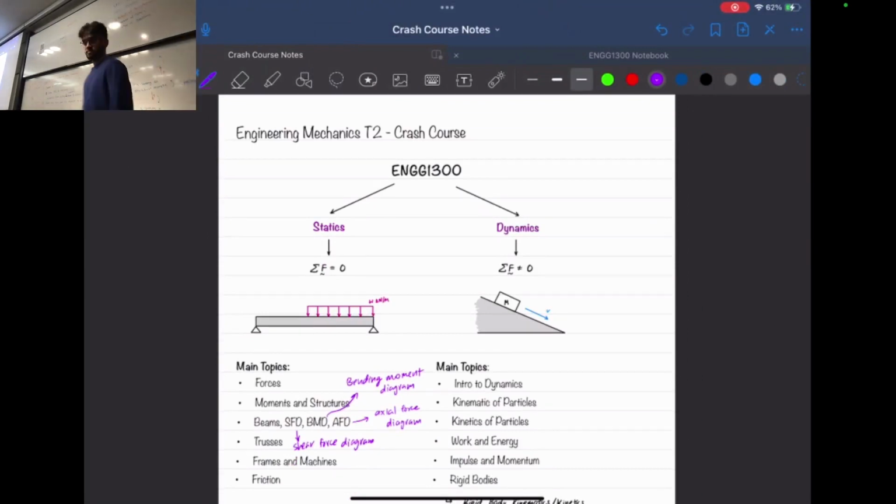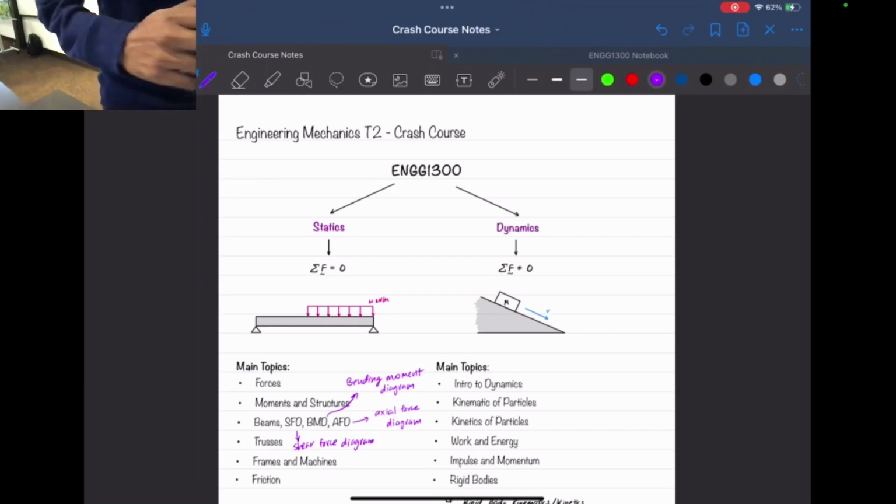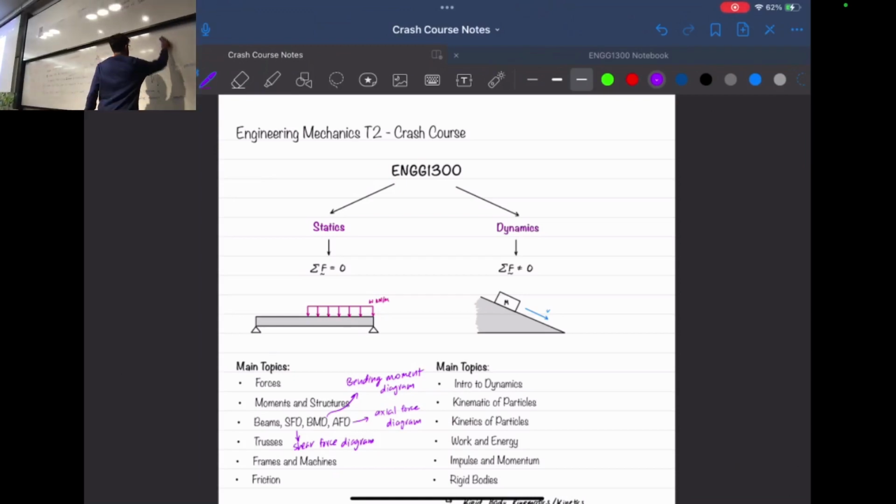You know what, to be honest, truss analysis has been, I don't know, magical.